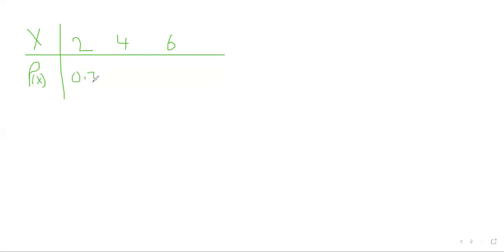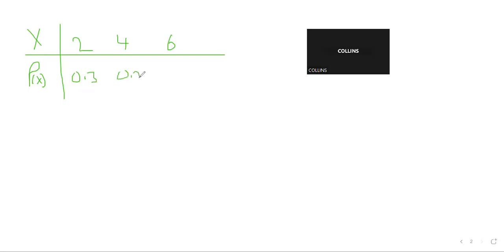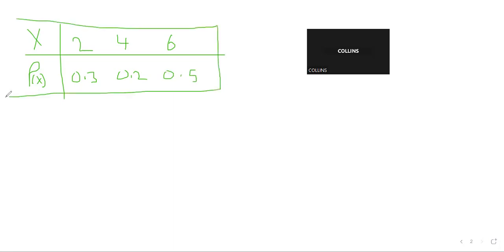So let's look at this typical example where the values of x are given as 2, 4, 6, and the probabilities are given as 0.3, 0.2, and 0.5. This is a discrete random variable, and we'll be asked to calculate three things.